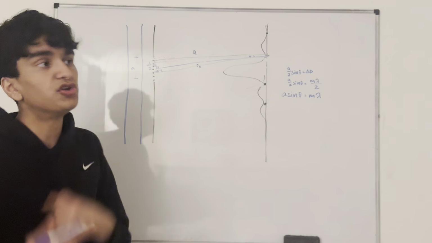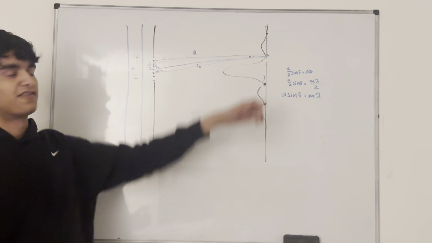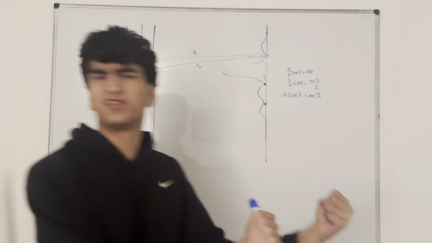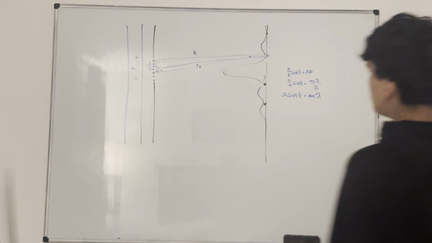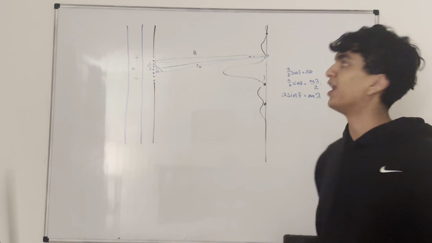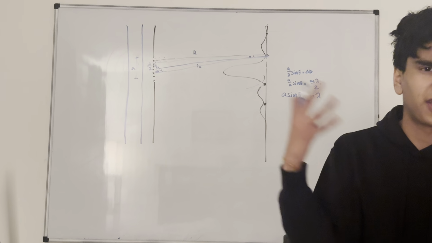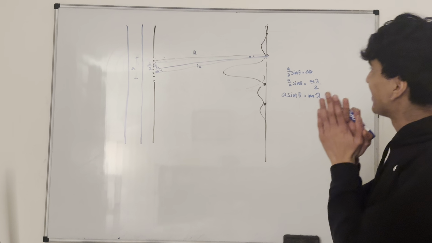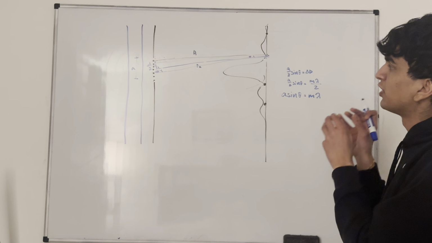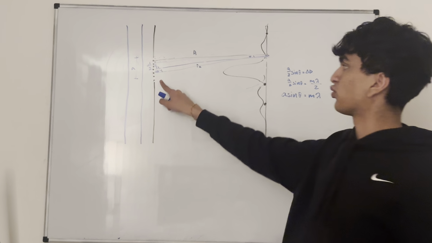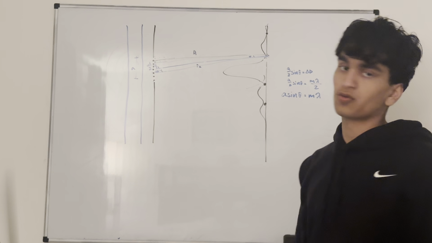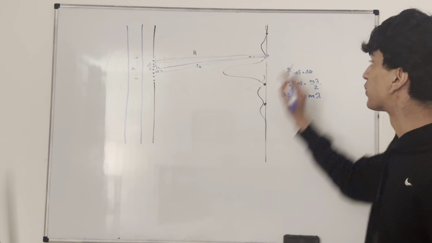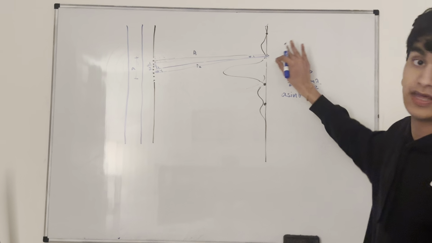That means you can prove this for all the point sources. You can prove that there's destructive interference where each point source cancels out all of the other ones. That's why we get a perfect dark spot right there.